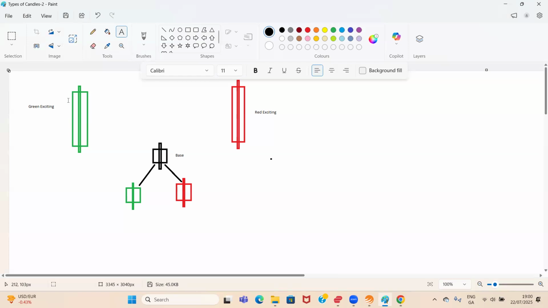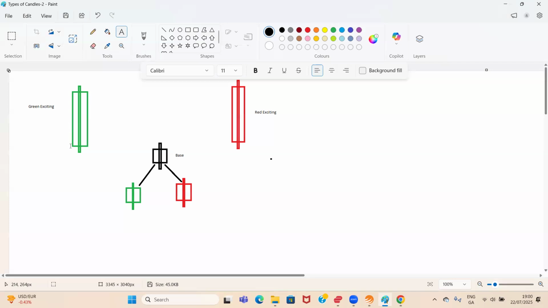Okay. Means, again, I'm repeating, green defines the buyer's heavy market. And why exciting? Exciting means that there is a lot of price movement that has happened.